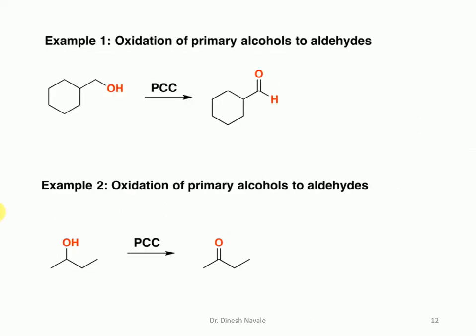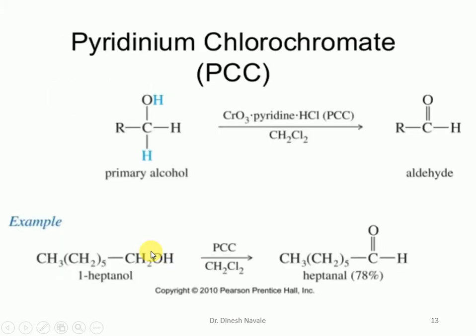Now this is one of the examples. A primary alcohol can be oxidized into the aldehyde by using PCC. A secondary alcohol can be easily oxidized into the ketone by using PCC. This is the general representation in which a primary alcohol, using PCC, pyridinium chlorochromate, with dichloromethane utilized as a solvent, will be converted into the aldehyde.